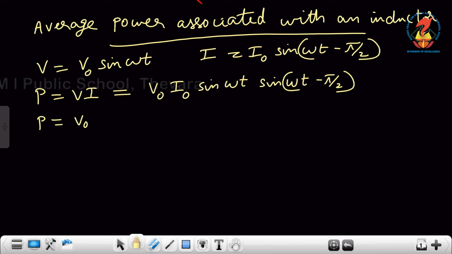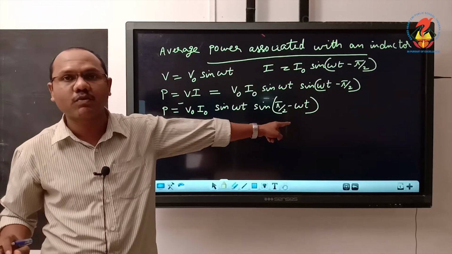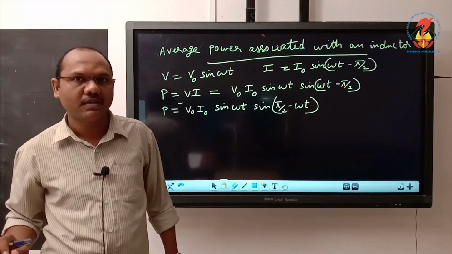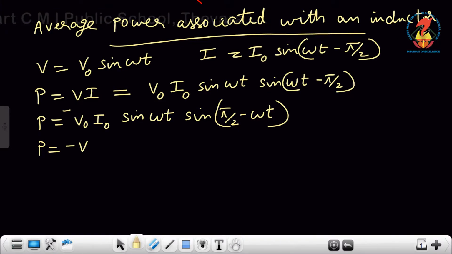So P is equal to V0 I0 sin omega t, and instead of sin omega t minus pi by 2, I take a negative sign outside and write this as sin pi by 2 minus omega t. And what is sin pi by 2 minus omega t? Cos omega t. Sin 90 minus theta is cos theta. So here I will write P is equal to minus V0 I0 sin omega t cos omega t.